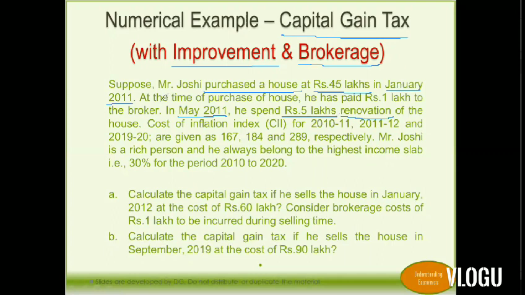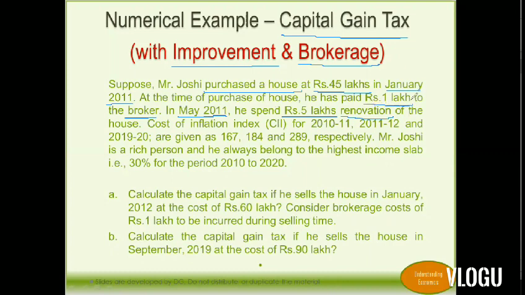Now, at the time of purchase of the house, he also has paid to the broker. The broker's amount means it is the brokerage. And how much is the amount? The cost is rupees 1 lakh.